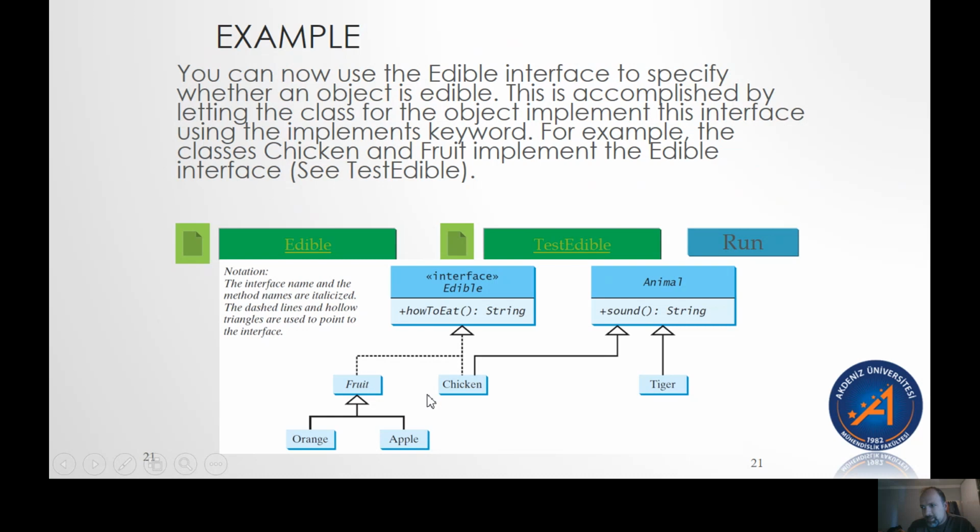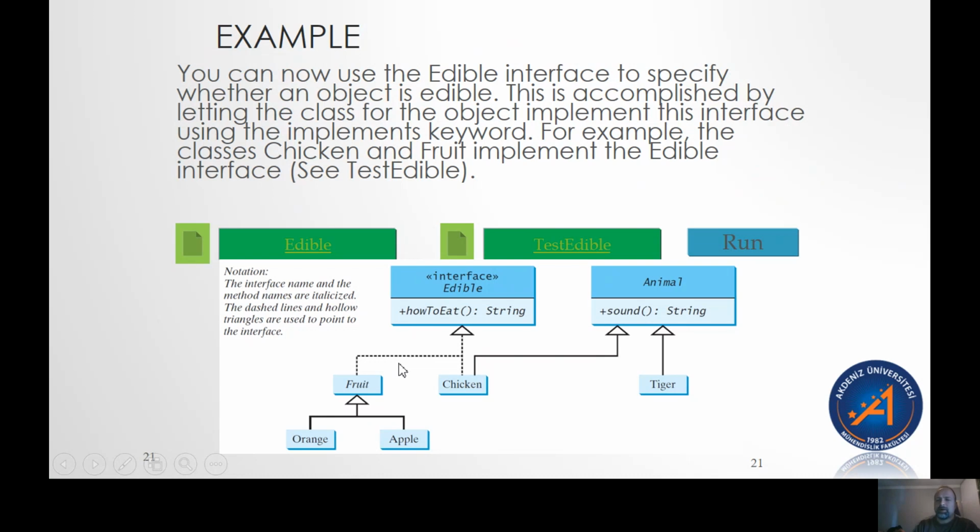In a sense, this is going to get particular attributes and behaviors from this class, but it's also going to have stuff from this interface. So notice that chicken can say, I want to get stuff from both of them. And that's possible using interfaces.